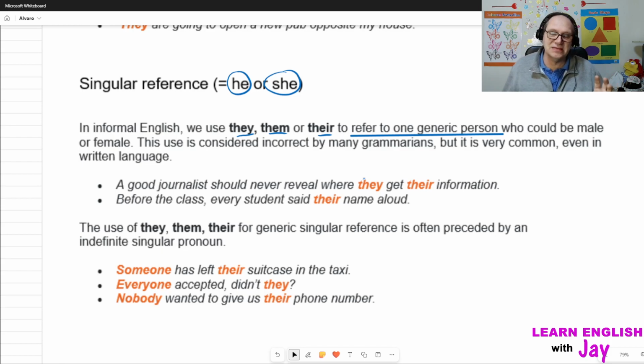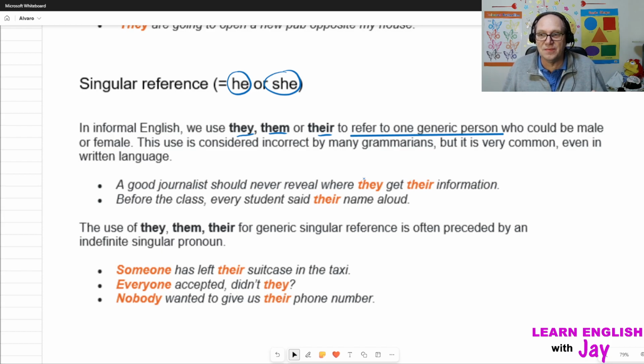It doesn't really matter. When we use he or she, it's gender specific. He is for male, she is for female. But we can use they, them, and their to refer to a generic person. A lot of people, so grammarians, people that are really into their grammar, say this is totally incorrect.